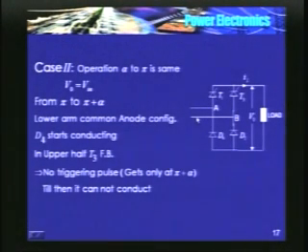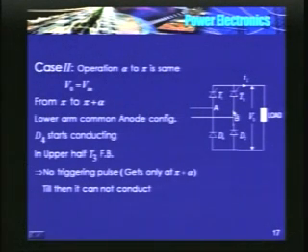At omega t equal to pi plus alpha, T3 is triggered. The moment T3 is triggered, the cathode potential is the same as the potential of B, which is higher than the potential of A. A negative voltage appears across T1, and T1 turns off. So again this is line commutation. I am using the input voltage to turn off T1.